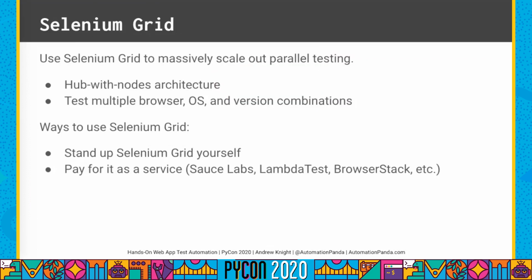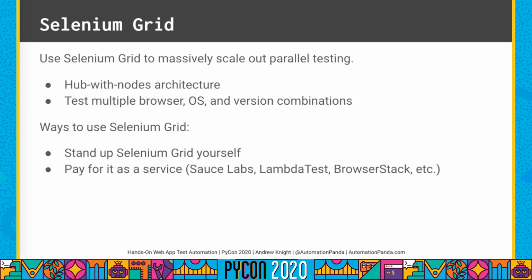Before we end this section, I want to share even more information about running tests in parallel. Running tests on one machine is convenient, but it doesn't scale well for large-scale parallel testing. That's where Selenium Grid can help. Selenium Grid is a free, open-source tool from the Selenium project for running remote WebDriver sessions.